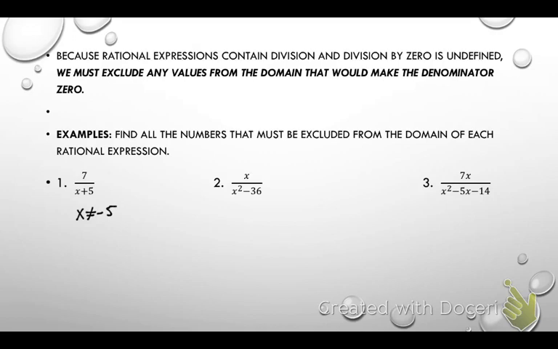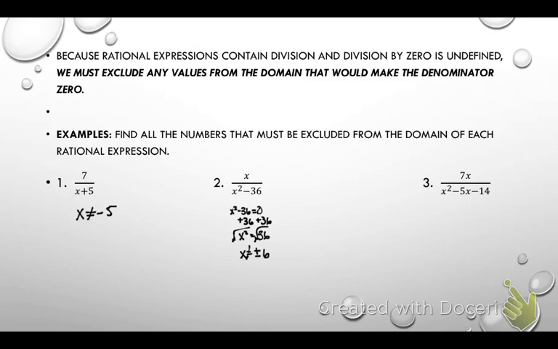Same way down with 2. You have x over x squared minus 36. You can do one of two things. You can set x squared minus 36 equal to 0 and add 36, and then take the square root of 36, so it can't be a positive or a negative 6. Those are the two values that it cannot be.